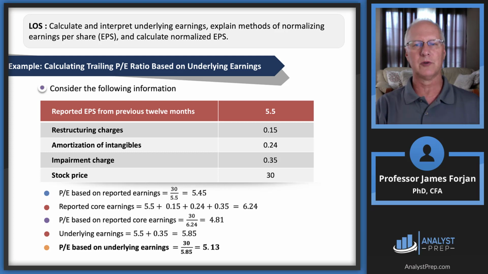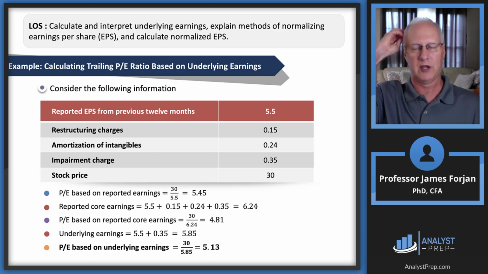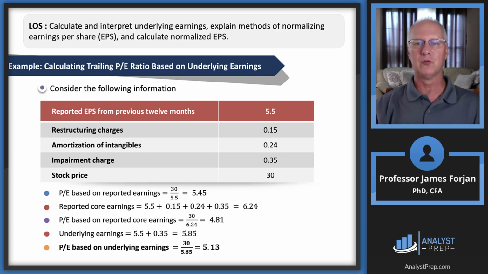So restructuring charges, there's 15. And so let's go ahead and say something like, you know what, for some reason, this company didn't include restructuring charges in its reported EPS this particular time frame, but it historically has done that. So now we need to try to figure this out. Here's where the artistry of financial analysis plays a huge role.